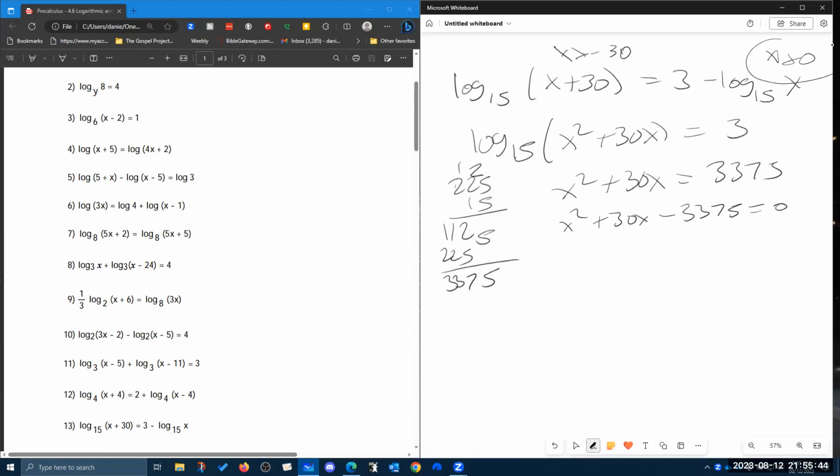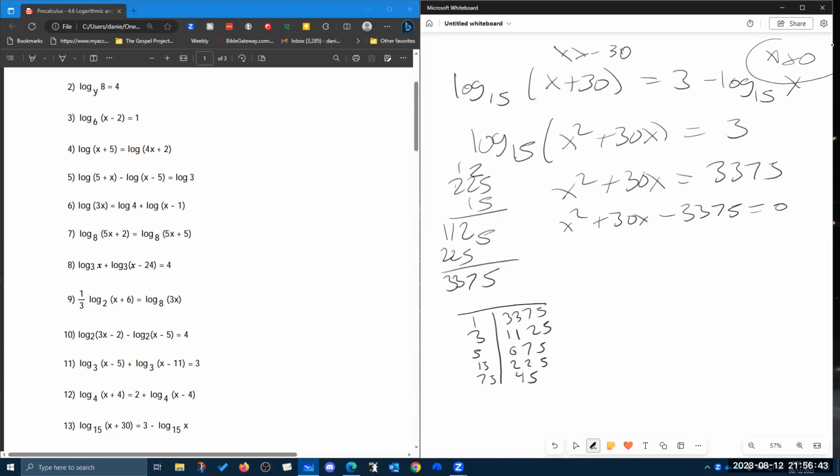Let's see. Factors of 3375. 1 and 3375. 3 and 1125, 5 and 675, 15 and 225, 25 and 135, 75 and 45.